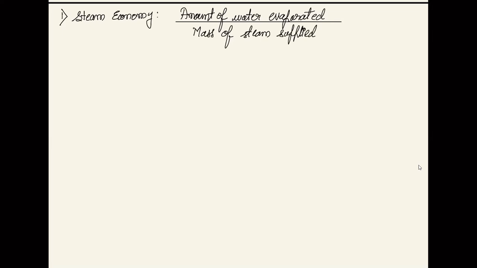Alright, so this is basically a ratio of how many kgs of water are being evaporated per kg of steam. This particular steam economy, you can always think of it like an efficiency factor, and this is always less than or equal to 1.